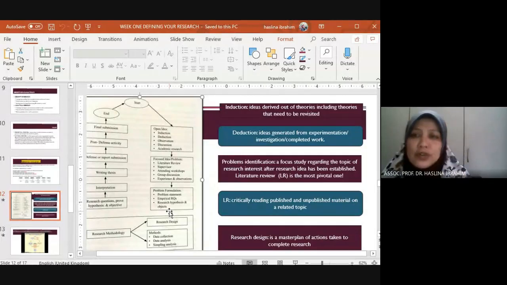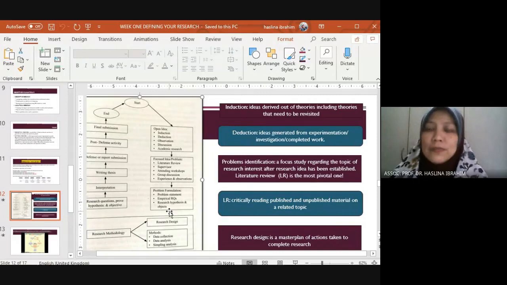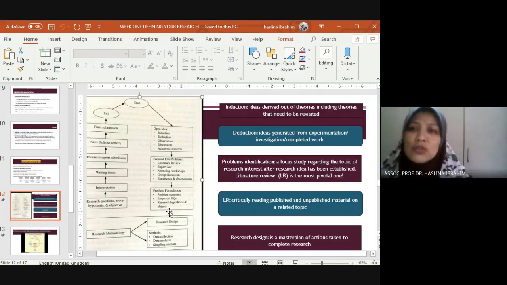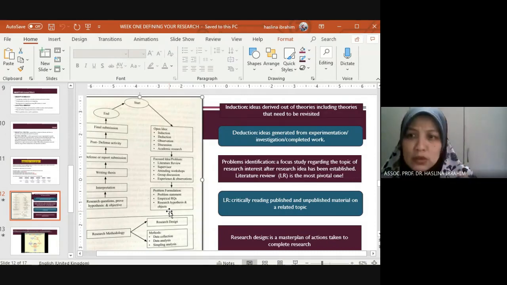Again, I want to stress what I discussed in the previous meeting. I want so much that your exercise in this particular course helps you to work on your proposal. So you need not redo your proposal after you finish this course. But what you do, you nominate a supervisor, because you need to have a title to nominate your supervisor.